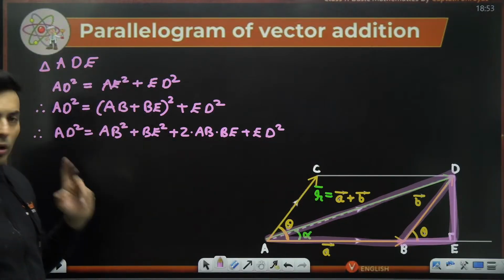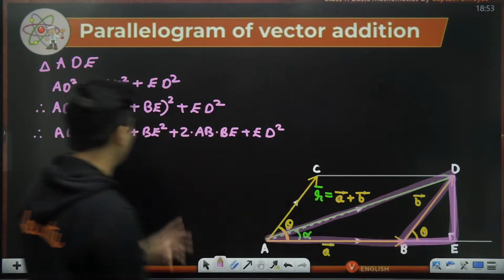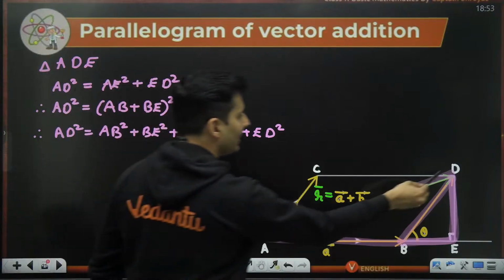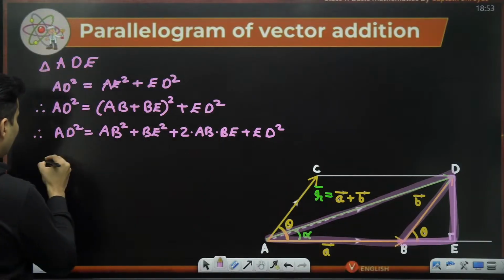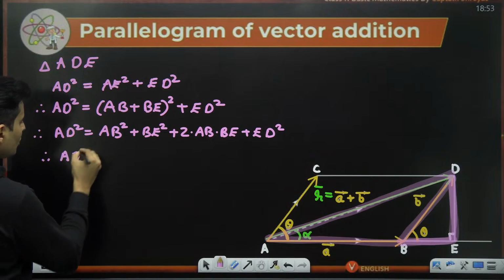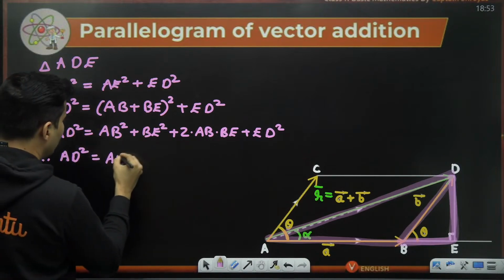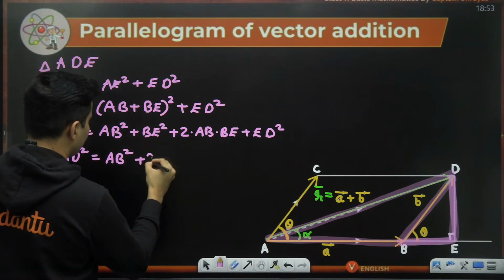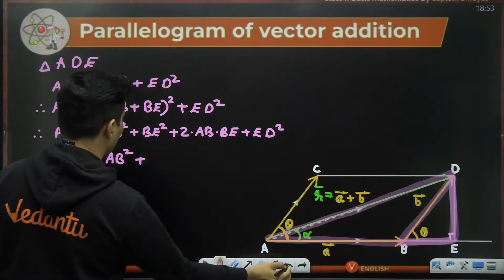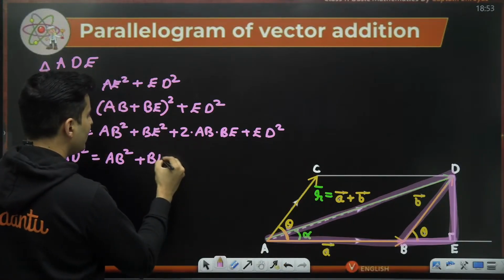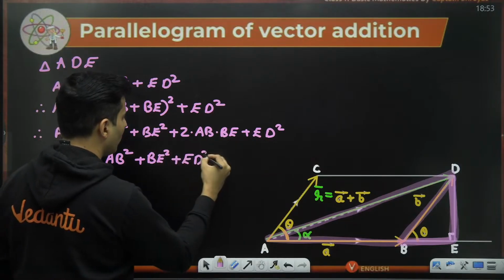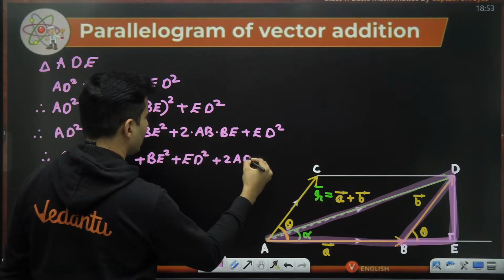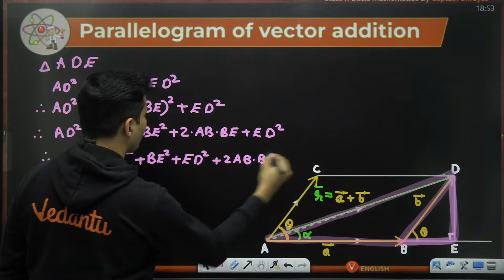So now I will do one thing. I have BE square, and I also have ED square, which are the two sides of the smaller triangle. So I will group them together. So AD square will be AB square as it is, plus BE square plus ED square together, and lastly 2 times AB into BE.